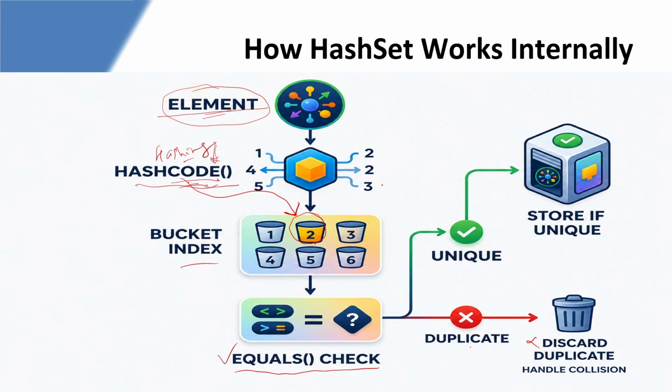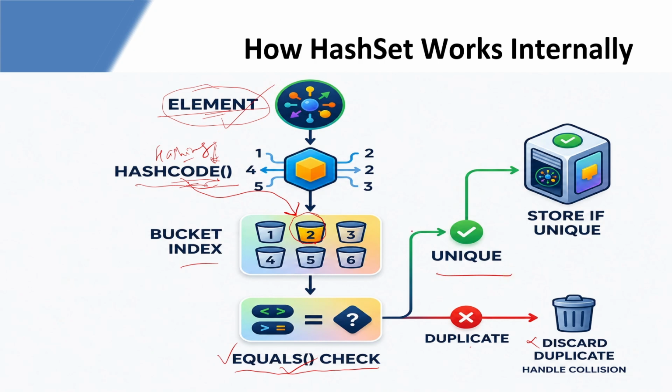And let's say after calculating the hash code, it finds the bucket, and after finding the bucket, it compares with the remaining elements inside this bucket using the equals method, and it finds that this new element is unique.